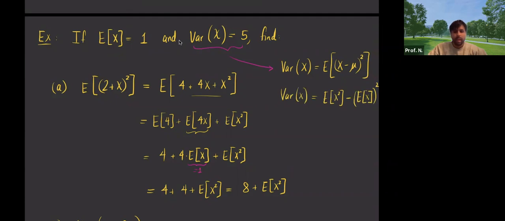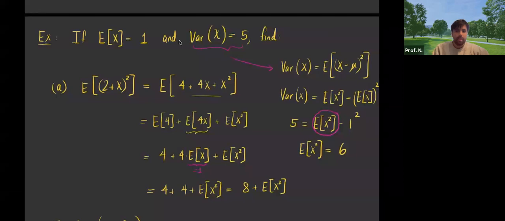But wait a minute. I know what the variance of x is. It's 5. And the expected value of x squared, that's exactly what I'm looking for because I already know what the expected value of x is. It's 1. So guess what the expected value of x squared is? When you solve for it, you add 1 on both sides, you get 6.